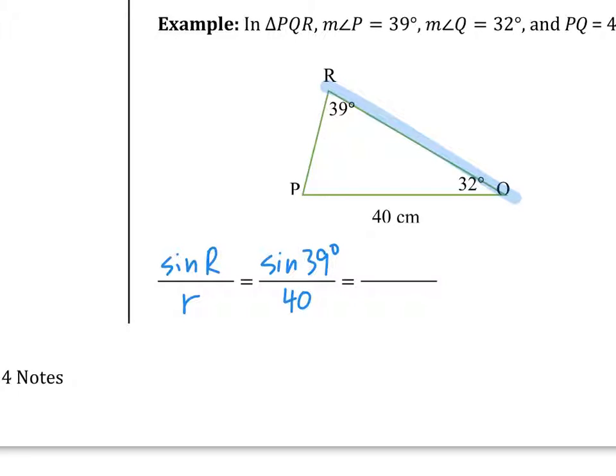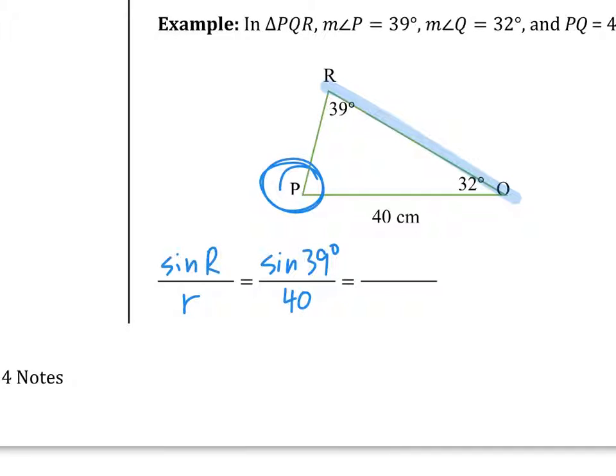So if we want RQ, it would be easy if we just know its opposite angle. Do we know the opposite angle? Not right now, but we can find it really quickly, right? How? Adding to 180. Good job on your geometry. So the triangle sum theorem says all the angles add up to 180. So we can figure out this angle P really quickly.